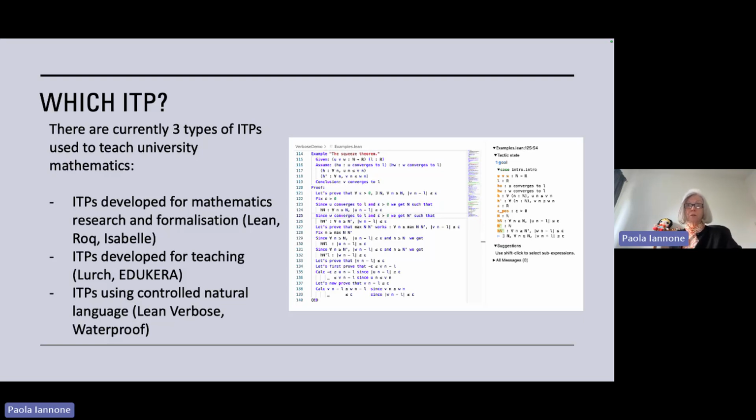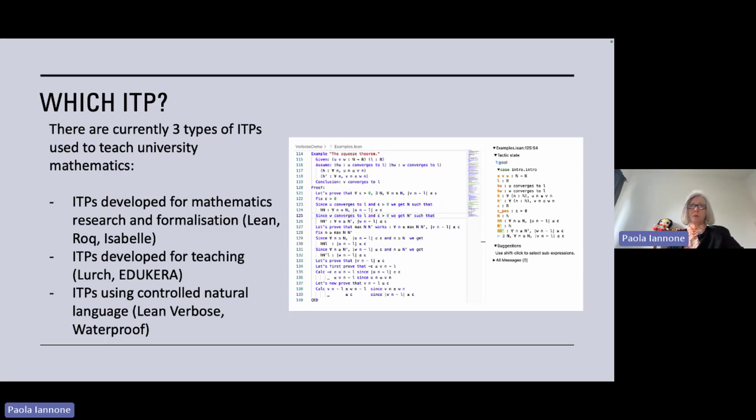A system like Lean Verbose, which I have an example of on the screen, but as I said, Patrick will talk a lot more about this on Friday, allows the students to write more or less in the same way in which they would write the proof if they were writing on pen and paper. So they have been constructed with an interactive theorem prover underneath.